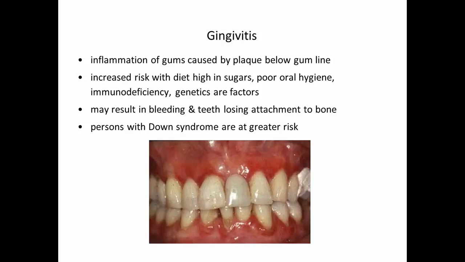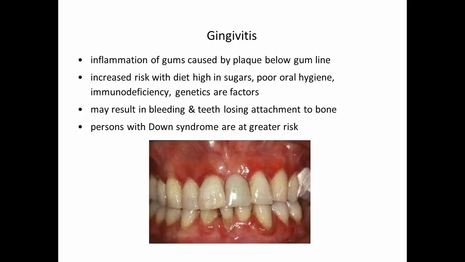So tartar is just hardened plaque, and it's so hard that it has to be actually scraped off with those little curly metal instruments that the dentists and dental hygienists use. Now this hard stuff, and you can actually see the tartar at the gum line in this particular picture, irritates the gums because it's this hard bumpy stuff, and the gums are very soft, and the gingiva become inflamed.